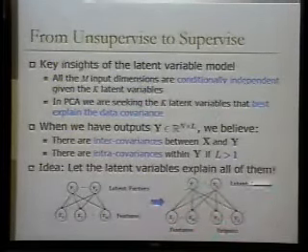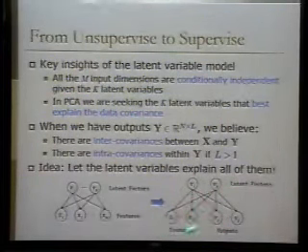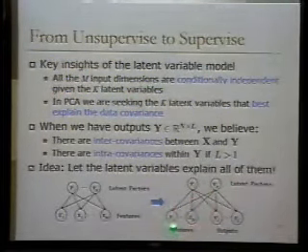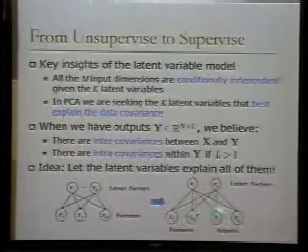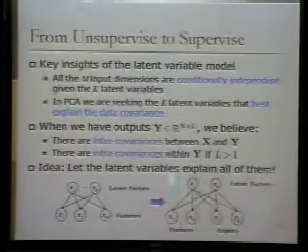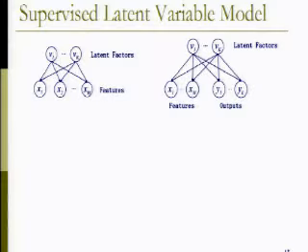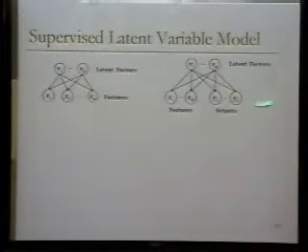So these latent variables can explain both the covariance structure of the inputs, the covariance structure of the outputs, and the intercovariance between the two. These are what we are interested in here. So these are the unsupervised latent variable model and the supervised latent variable model.